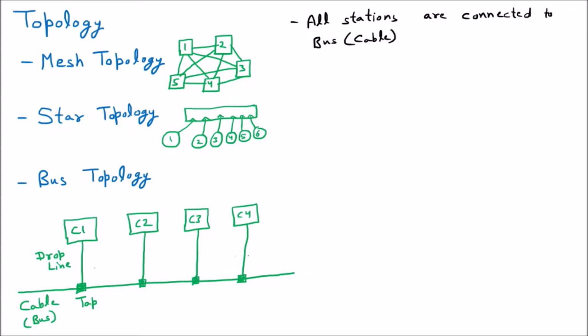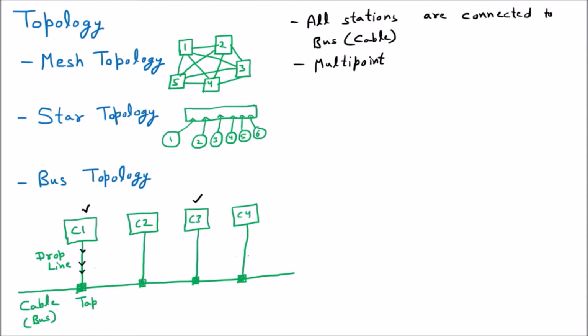And the second thing is that it is multi-point, which is called broadcasting. Let us suppose C1 wants to send data to C3. Now it is using the single wire.